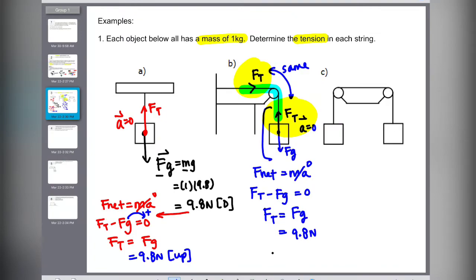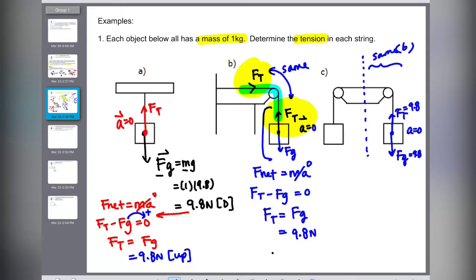And for the last part of question 1, if you put a dotted line, do you see that this question is the same as part B? Because I have force of gravity, I have force of tension, I have acceleration equals 0. So that means FG is 9.8, and then it has to equal FT, which is 9.8.